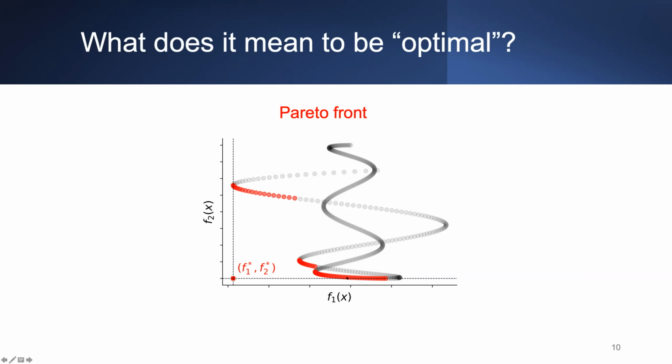So, for example, we know that this point somewhere here on the red Pareto front is better than a point here with respect to both objectives. But the points on the red front are completely undominated, which means that you cannot really compare them, because improving one objective, for example along the F1 dimension, means that you'll have to degrade the other one, right? So that's what is called the Pareto front.